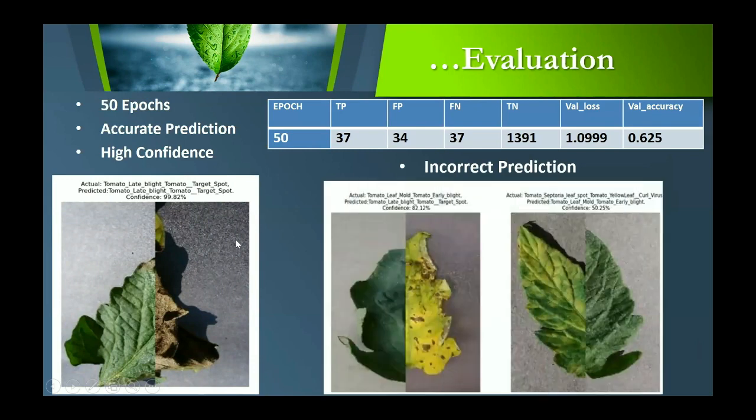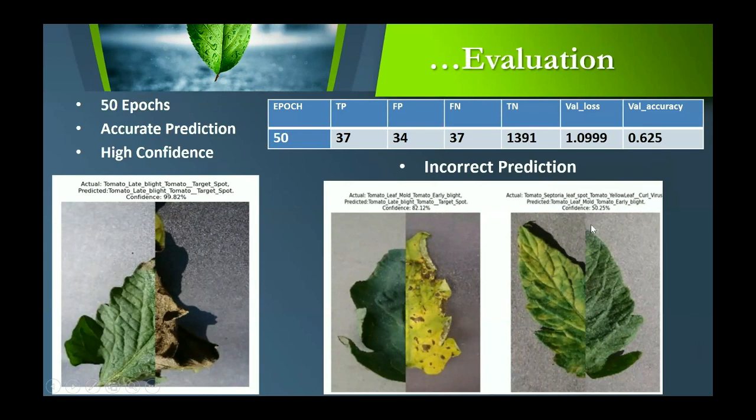Now, we look at an incorrect prediction, whereby it gave a confidence of 82.12% and predicted wrongly. This gives us insights that we need to work on, because sometimes our model works correctly and sometimes it doesn't.